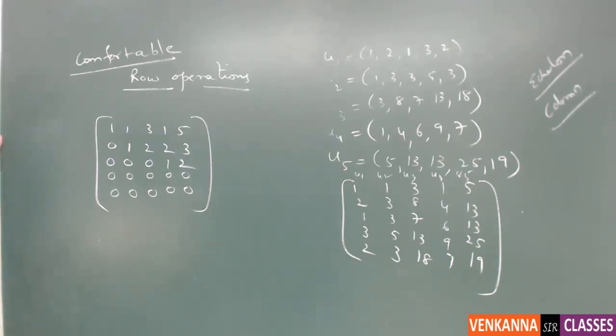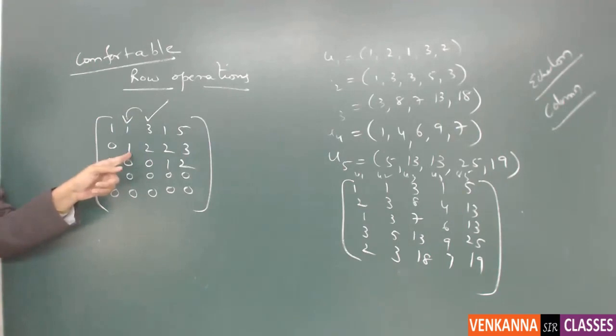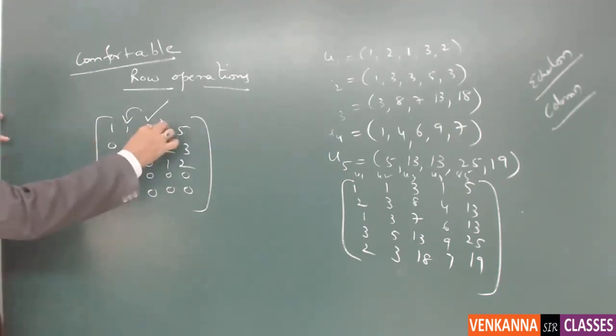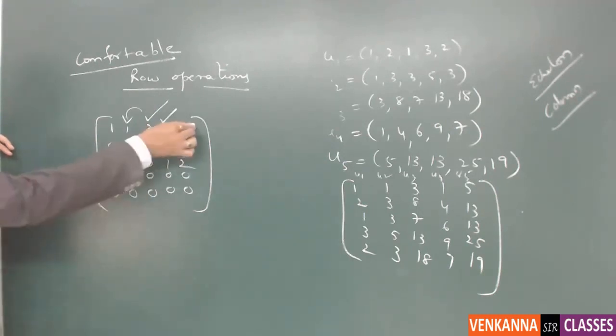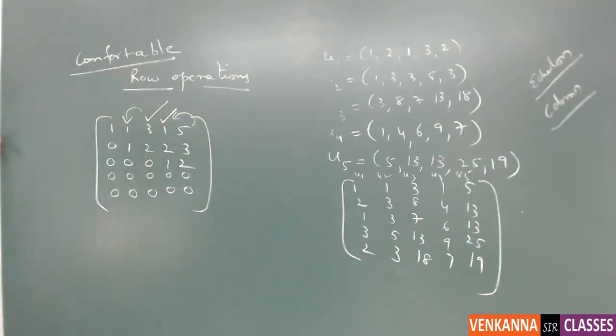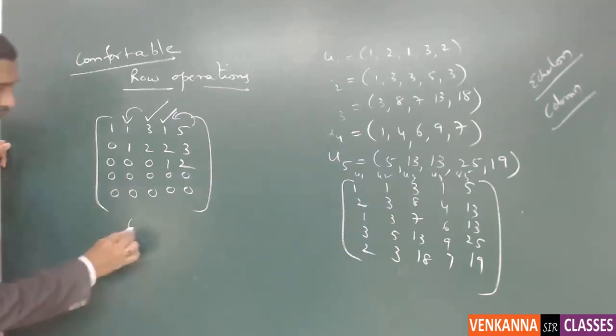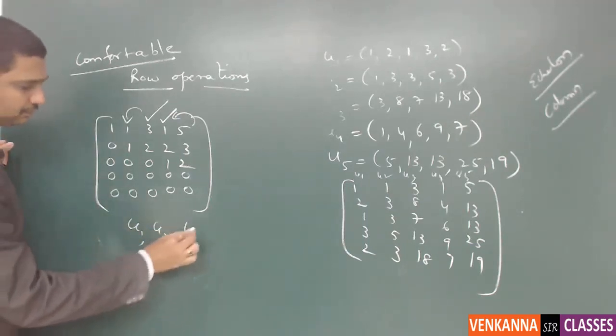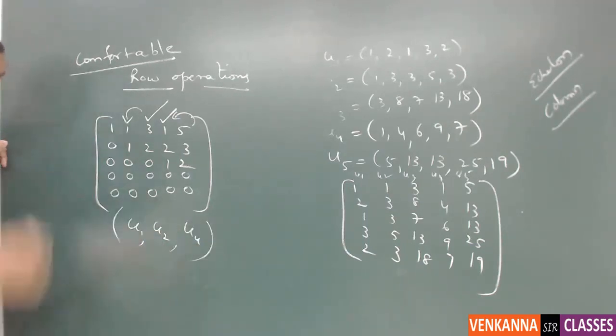If you observe that this column is dependent on this, which is independent, you can make it 0. Again, you can say this column is independent and it is dependent on this. So what are the independent things that you can take? U1, U2 and U4.